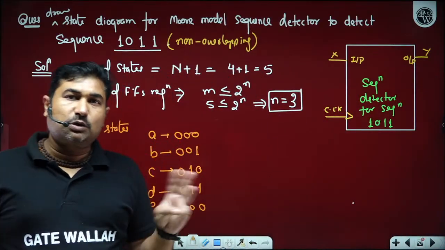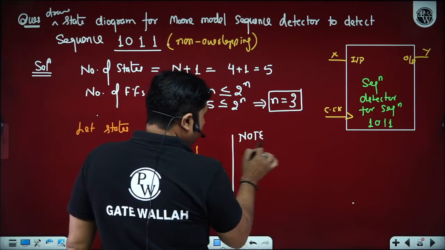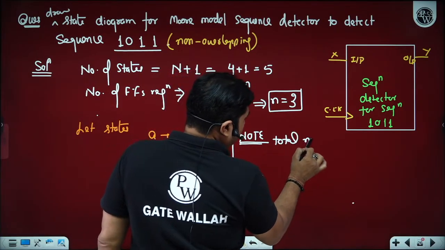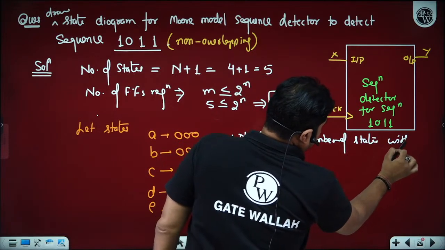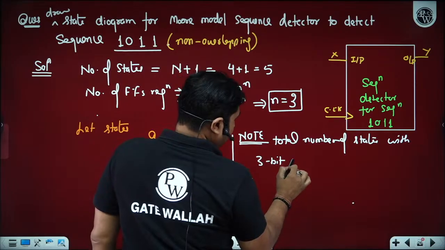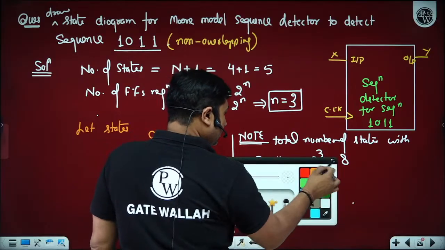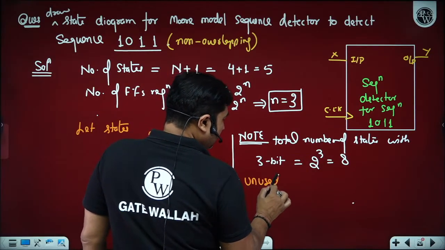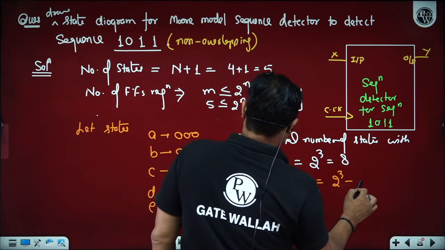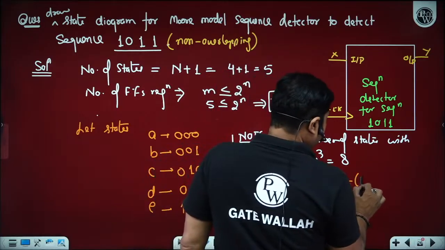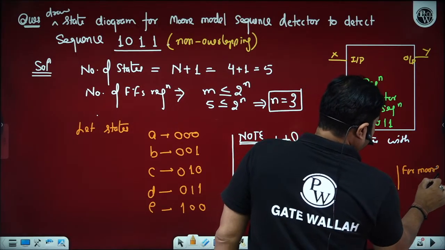For 3 bits, how many total states? Total number of states with 3 bits is equal to 2 to the power 3, that is 8. So unused states are 2 to the power 3 minus n plus 1 in case of Moore model.